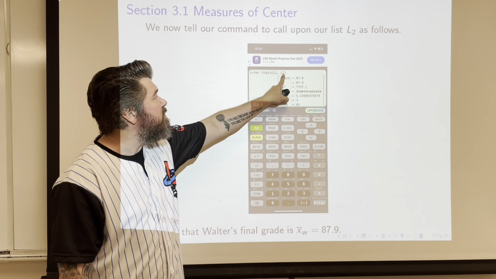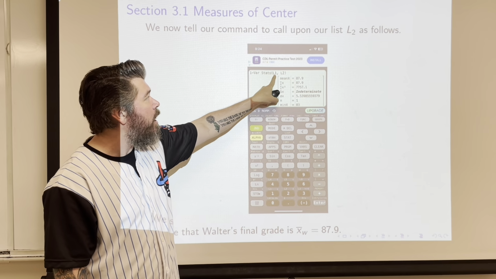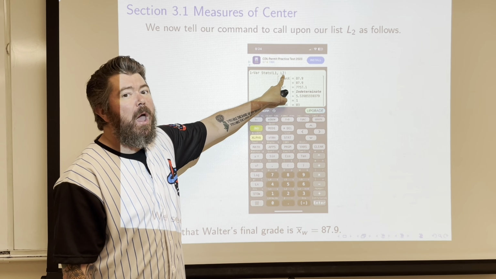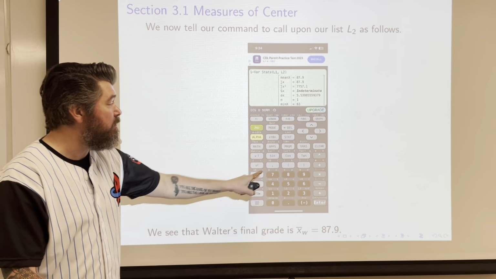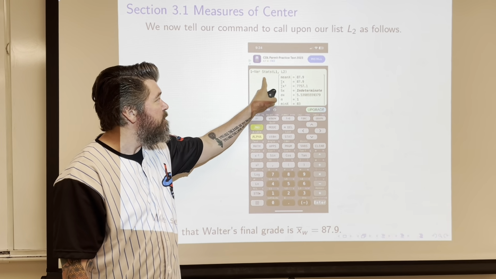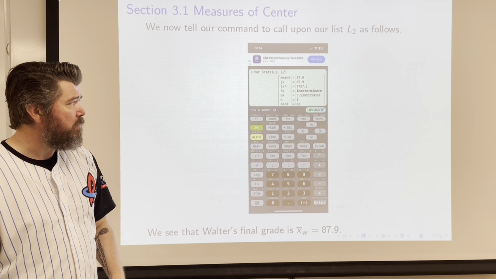This will tell the calculator that we have data values coming from L1, but now there are weights involved coming from L2. I'm going to close off my function and hit enter.